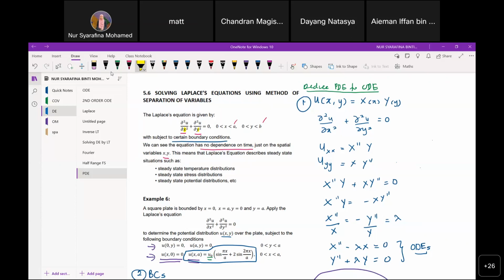This is another form of steady state situation where, if we solve this kind of Laplace equation, we can find the steady state temperature, the steady state stress distribution, or the steady state potential distribution. These are examples of its application.